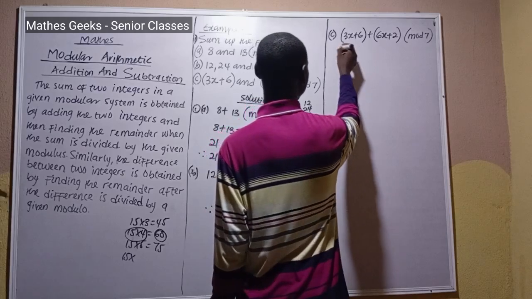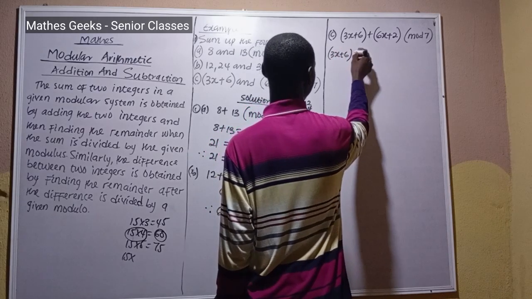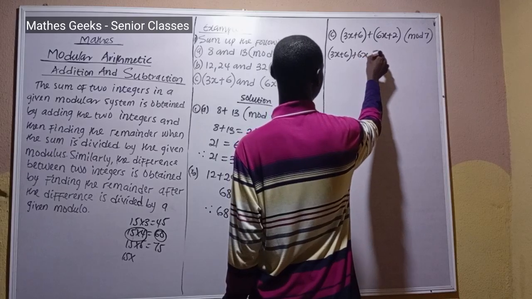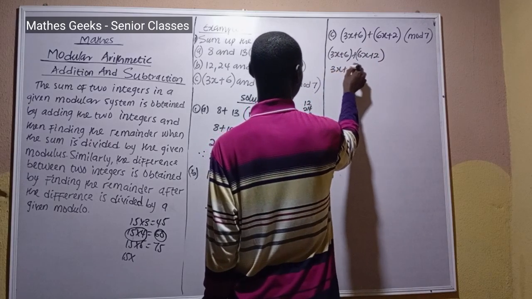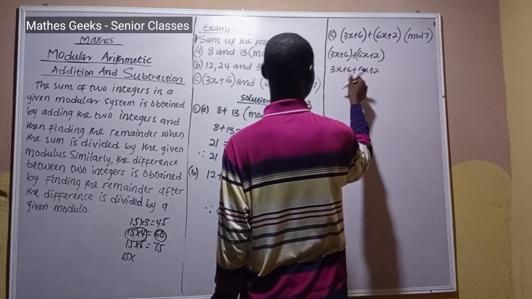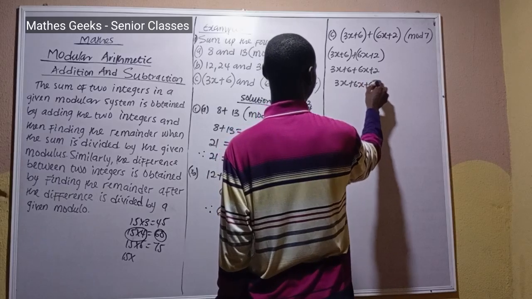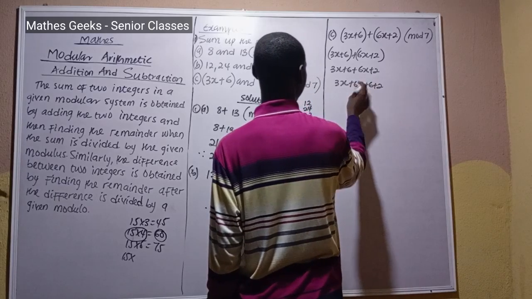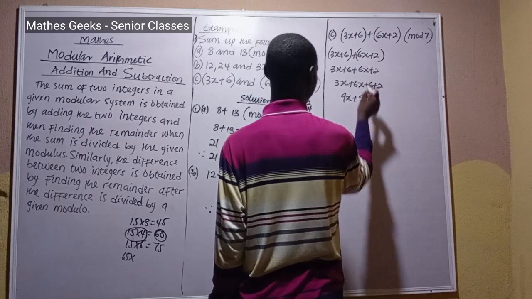So 3x plus 6 plus 6x plus 2. Let's open our bracket and collect like terms: 3x plus 6x plus 6 plus 2. 3x plus 6x is 9x, and 6 plus 2 is 8.